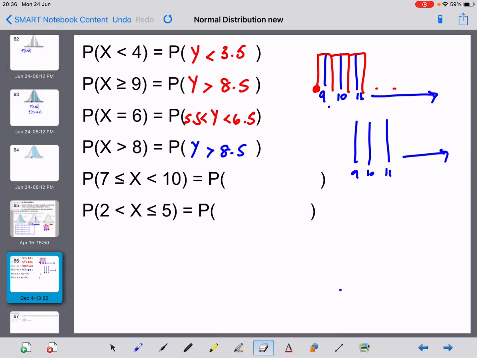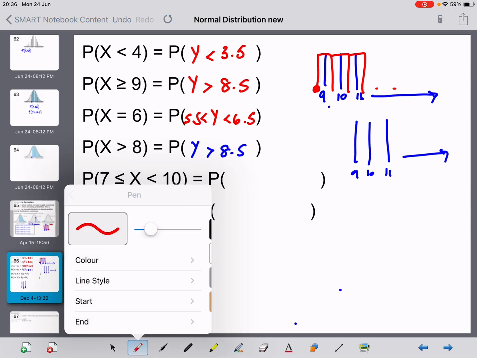Okay, let's look at the next one. X is greater than or equal to 7, but less than 10. So if I do, including 7, 8, but less than 10. So we've only actually got 7, 8, and 9.